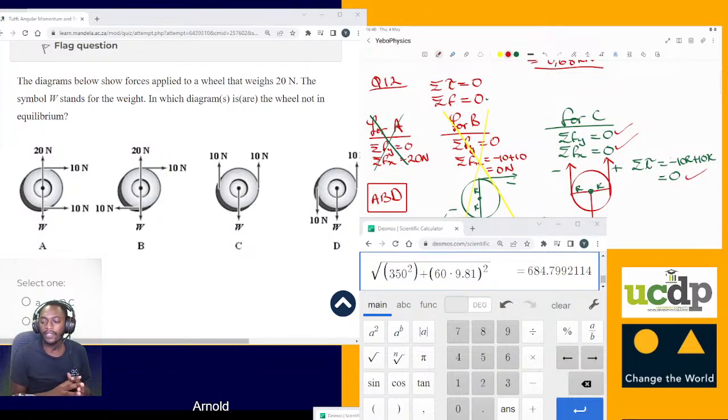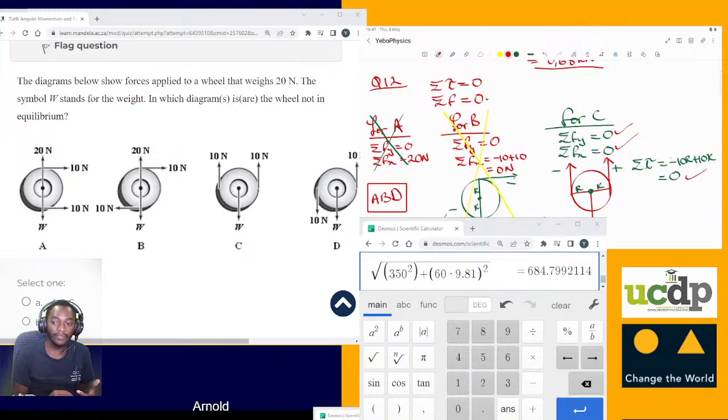So you should basically remember, if you're dealing with static equilibrium, you need to satisfy two conditions to prove that the system is in equilibrium. Or if the system is in equilibrium, make sure you use both conditions in solving the problem. Resultant torque equals 0, resultant force equals 0.